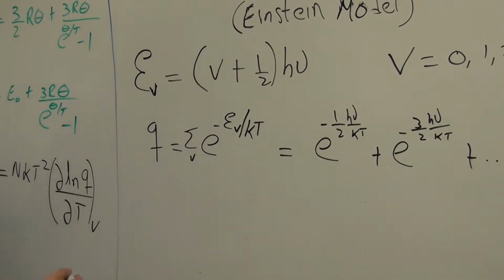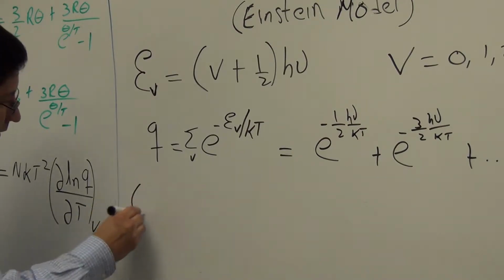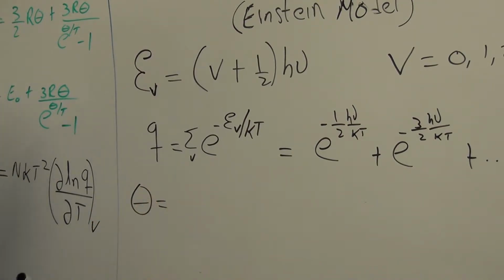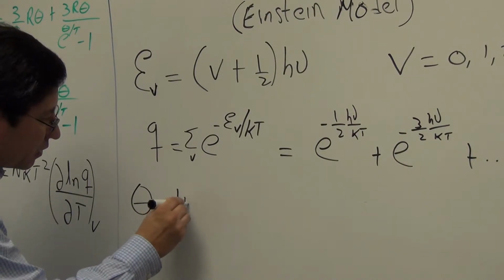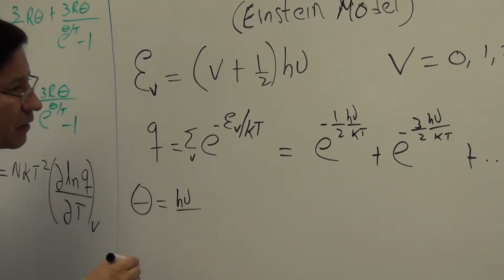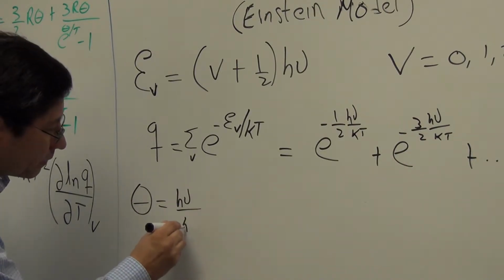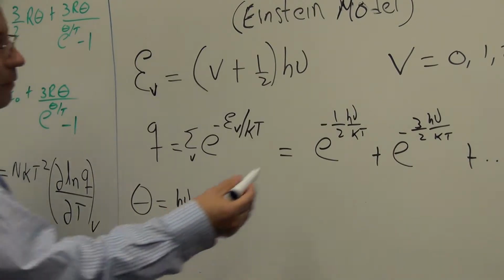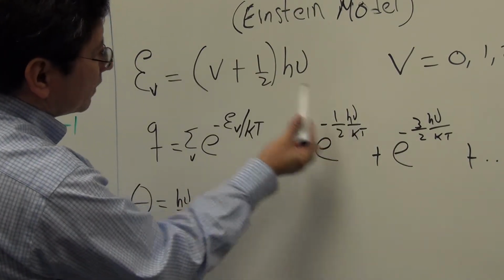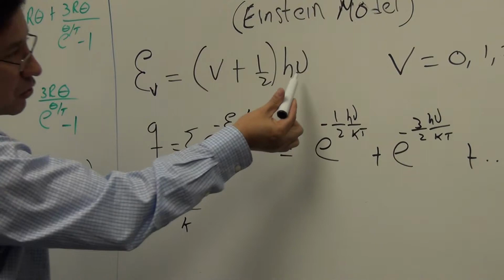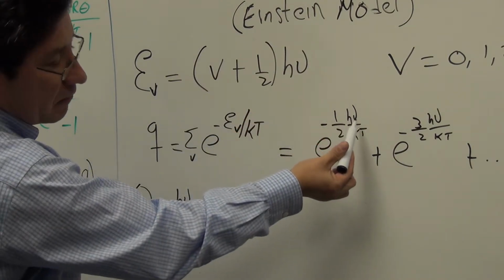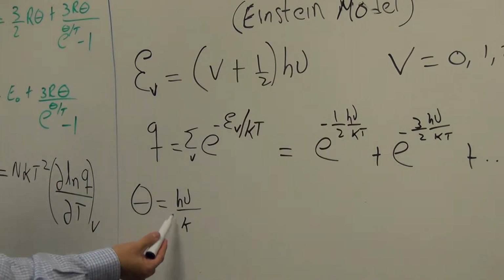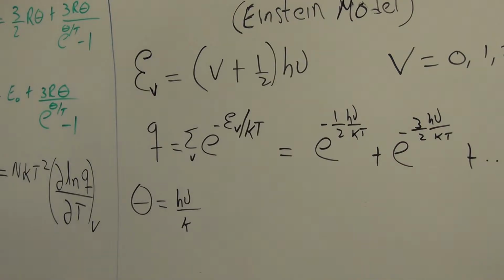For simplicity, we can set theta equal to h nu over k. Remember, this v is the quantum number, and this nu is the vibrational frequency. H nu over k, what are the units for h nu over k?